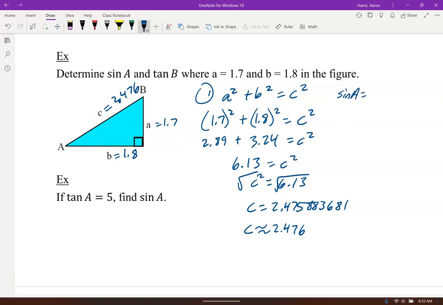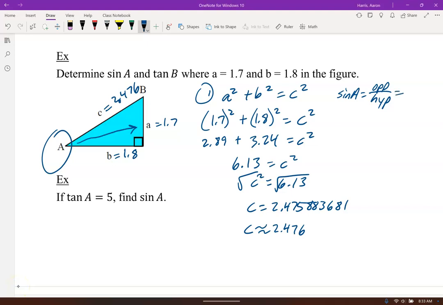Sine of A. Well, if you remember SOHCAHTOA, sine of A. So if A is here, the side opposite would be what? The side opposite would be 1.7.